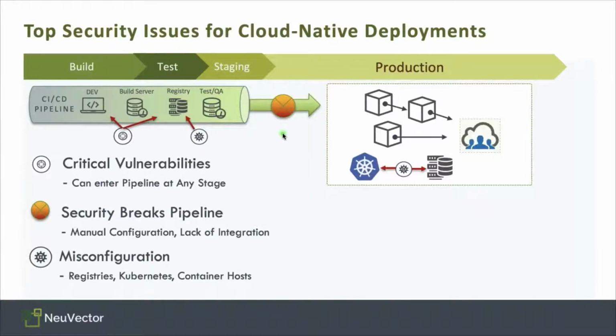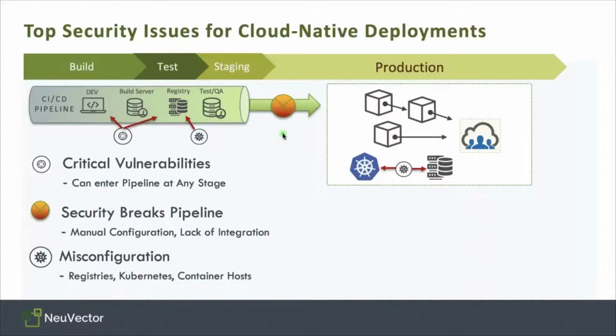The whole reason for going to containers is to increase the velocity of releases so that your dev team can deliver better, more up-to-date code, new features, as well as have better resource utilization. And any slowdown or breaking or manual efforts that are needed to inject security into this pipeline can really impact the business and prevent the benefits of being realized.